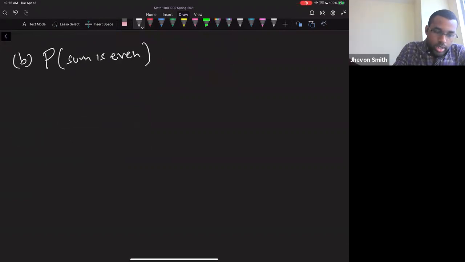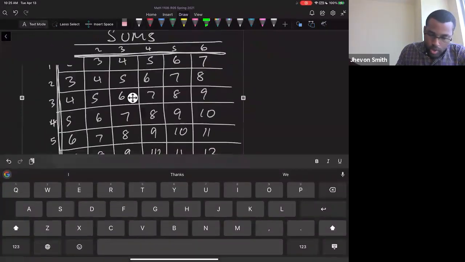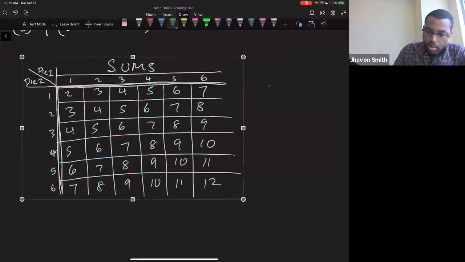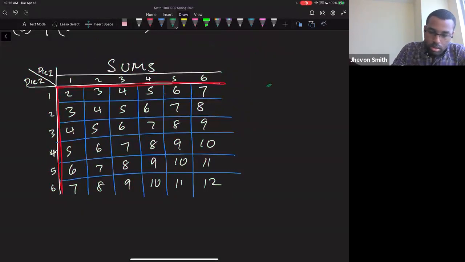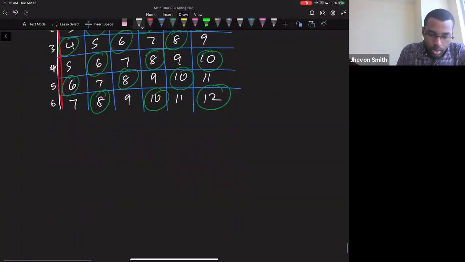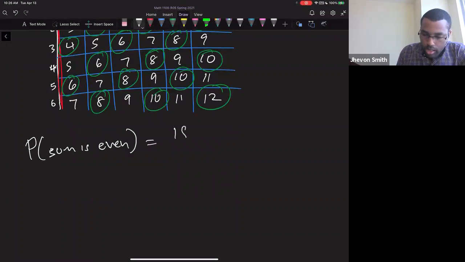So again, you can go back to your table, and you would just pick out all the even numbers. 1, 2, 3, 4, 5, 6, 7, 8, 9, 10, 11, 12, 13, 14, 15, 16, 17, 18. So the probability the sum is even is 18 out of 36.